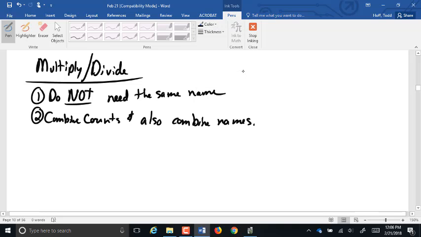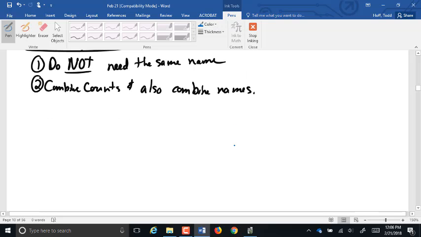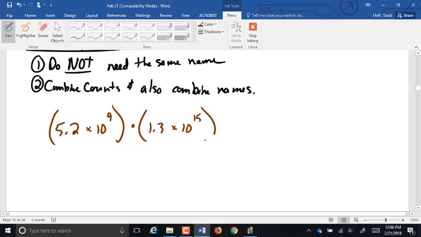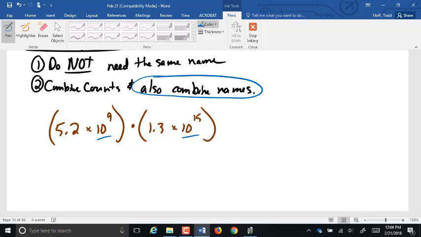So what that means is I can take something that looks like this, 5.2 times 10 to the 9th, and I can multiply it by 1.3 times 10 to the 15th. It does not matter that they have different names, because when we multiply, we're also going to combine the names.